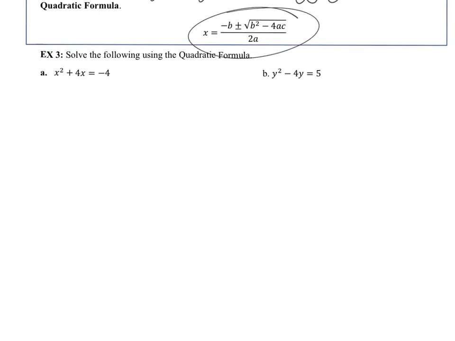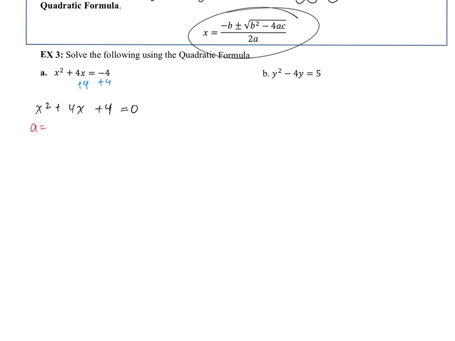So looking at a, it's not set to 0 yet, so I know I need to do that first. So let's add the 4 to both sides. So then we get x squared plus 4x plus 4 equals 0. So now I need to identify my a, b, and c values. Well, my a value is whatever in front of the x squared, which is just going to be 1.